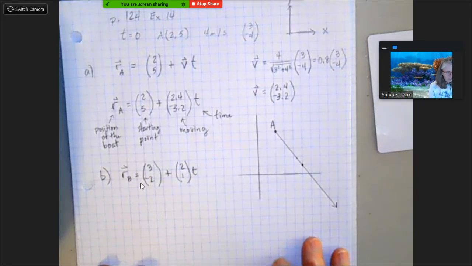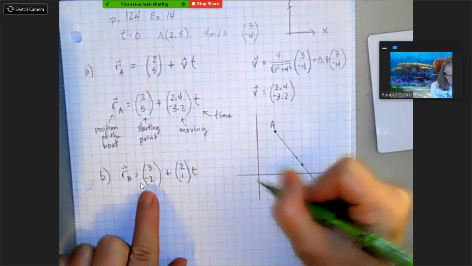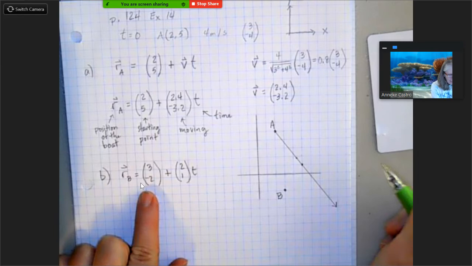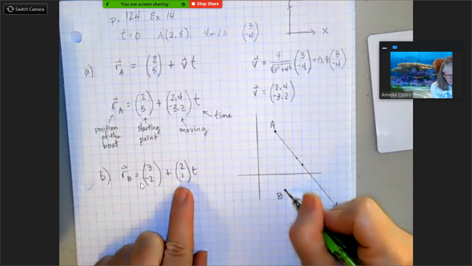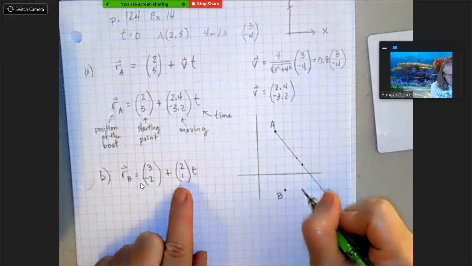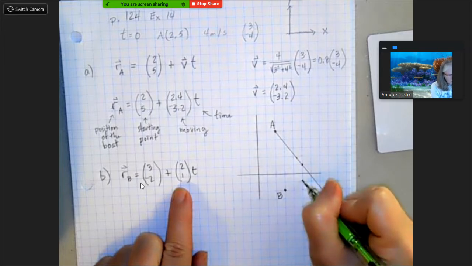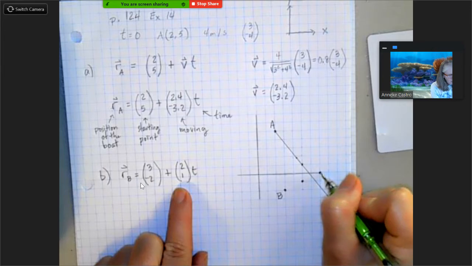So that's cool. So let's go ahead and graph boat B. So it's starting at (3, negative 2). Here's boat B. It's going to start here, and then it's going to move in this direction. Every second, it's going to move 2 meters to the right and 1 meter north. Okay, and I can keep doing that.